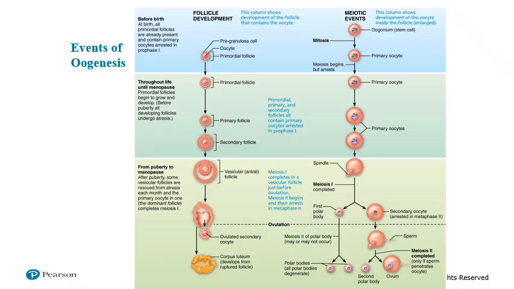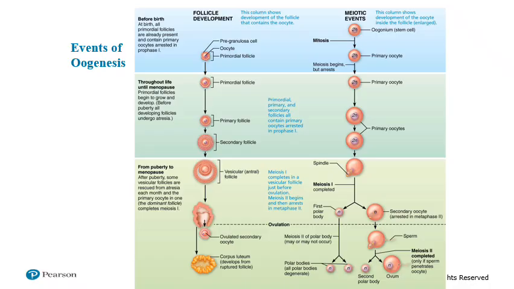So the production of the primary oocyte occurred in the fetus and has arrested itself in prophase 1, and would resume meiosis only years later, in puberty. It will become a secondary oocyte at the time that it's ovulated.